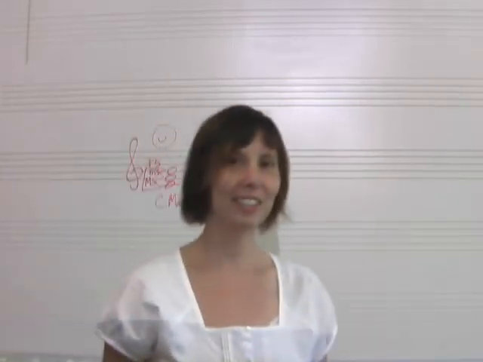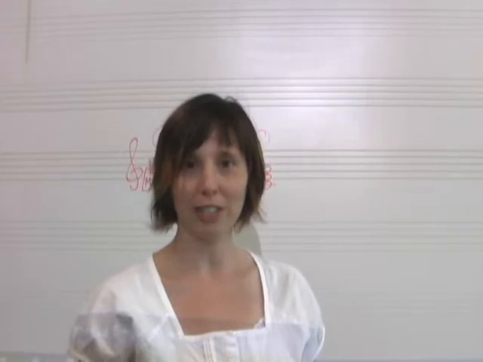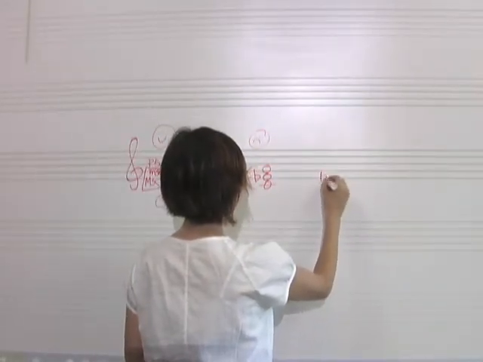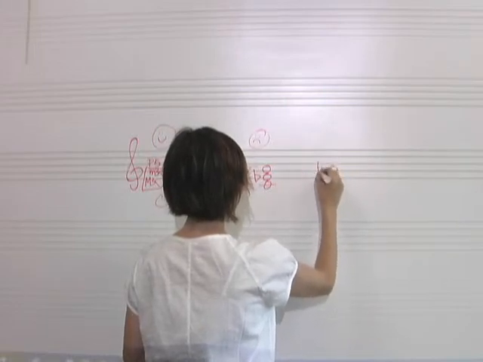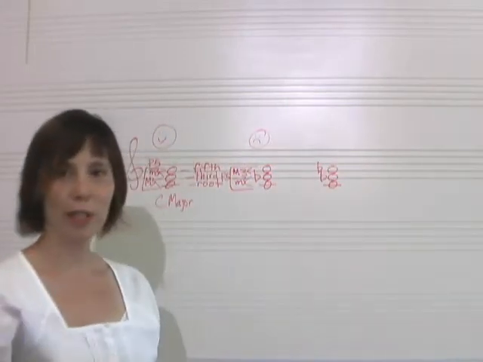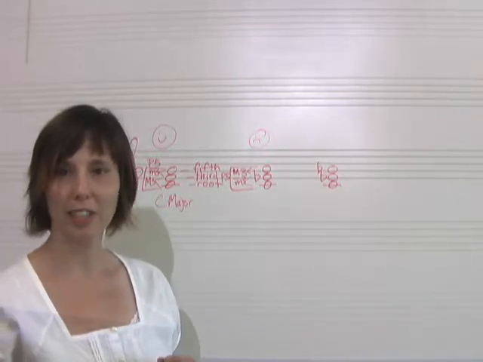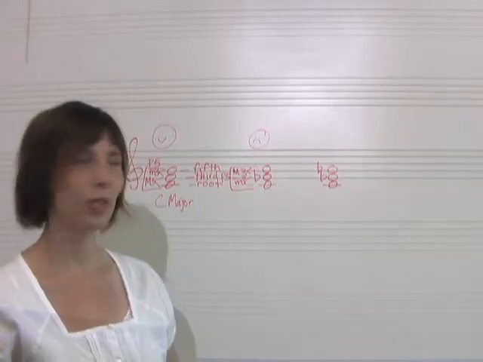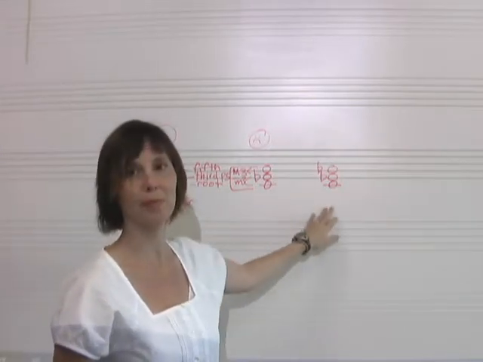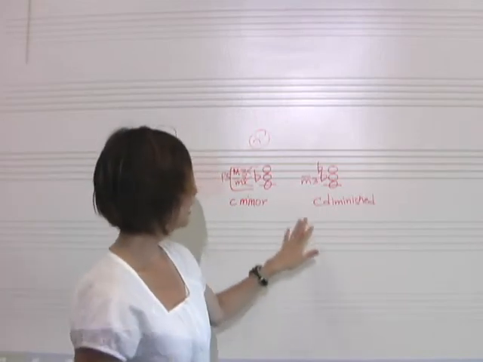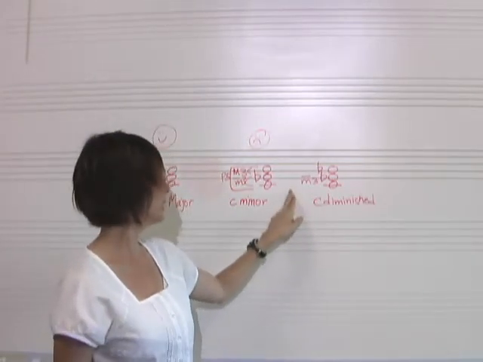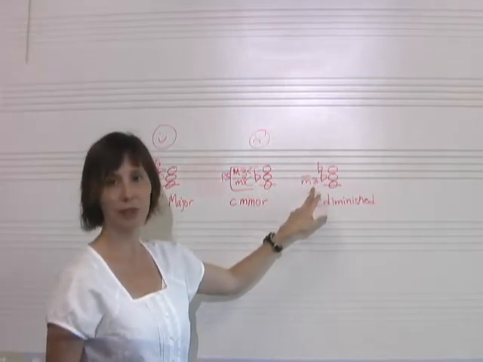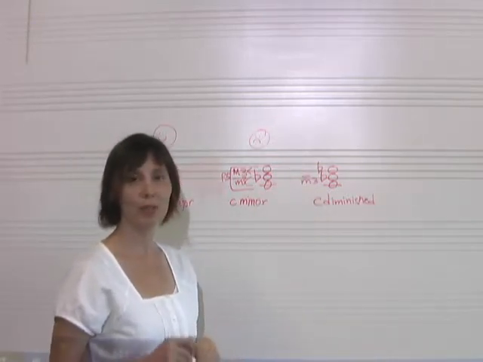Okay, next we'll learn about diminished triads. What's different between the minor triad and the diminished triad? Look at these two and compare them. With our diminished triad, we still have the same minor third, but now from the root to the fifth, what kind of a fifth do we have?